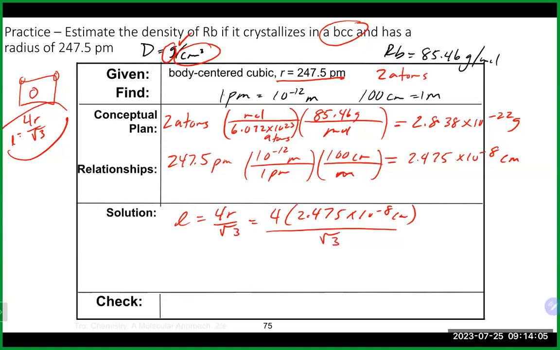And it looks like 5.716 times 10 to the minus 8 centimeters. Once again, that is not our volume, but really just the length of an edge of the cell. To get the volume, like our length times width times height, we're going to cube that number.